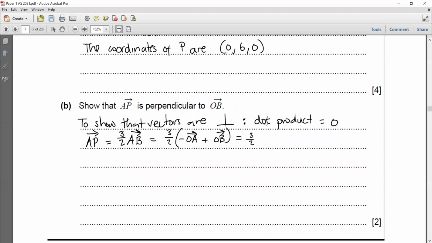This is 3/2, and then inside our brackets here, we have negative 3, 3, 6, plus 1, 5, 2.